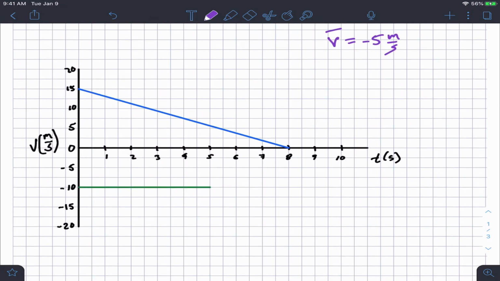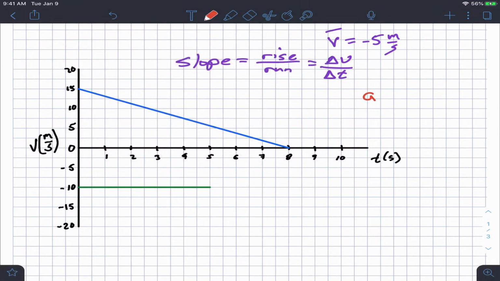Speaking of those straight lines, when we talk about the velocity versus time graph, the slope, the rise over run, well, in this case, the rise is a change in velocity versus the change in time. And that is our average acceleration formula.